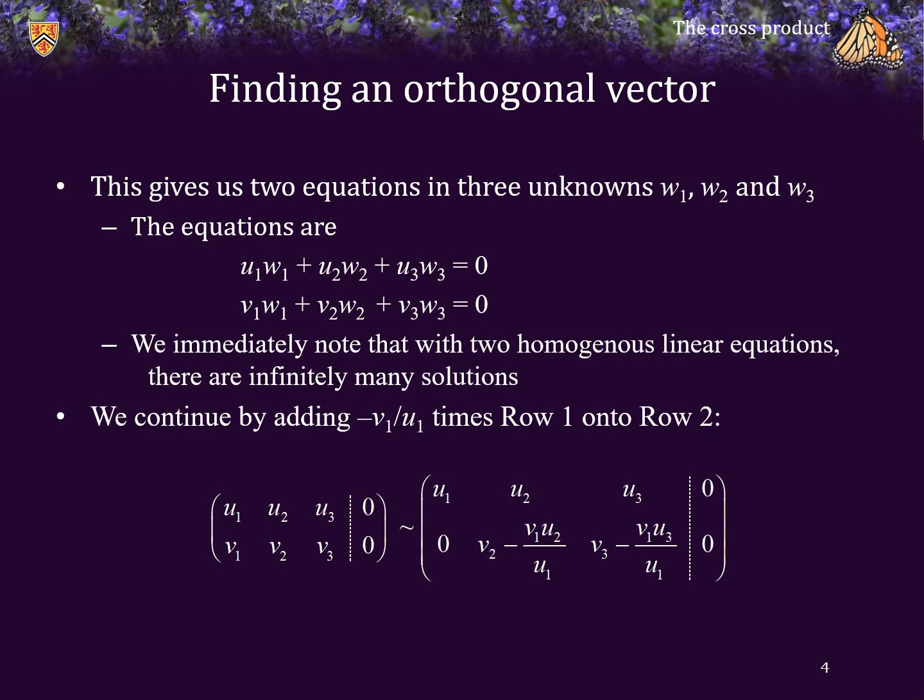But let us assume that u1 is non-zero, otherwise we wouldn't be able to divide by it, and consequently we can multiply the second equation by u1. This gives us the following augmented matrix. All right. So we see immediately that this is in row echelon form and that there is a free variable.